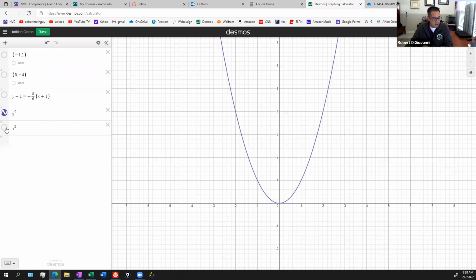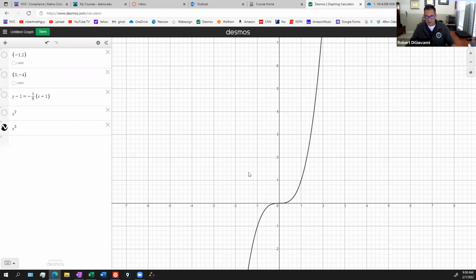And then the x cubed is odd because you would do a double reflection. So you'd go here first, right? Then reflect it over the y and it would come down here. It would land on top. Okay. So when you have a double reflection, that's called reflection over the origin. It's kind of a weird name, but that's what we call it.